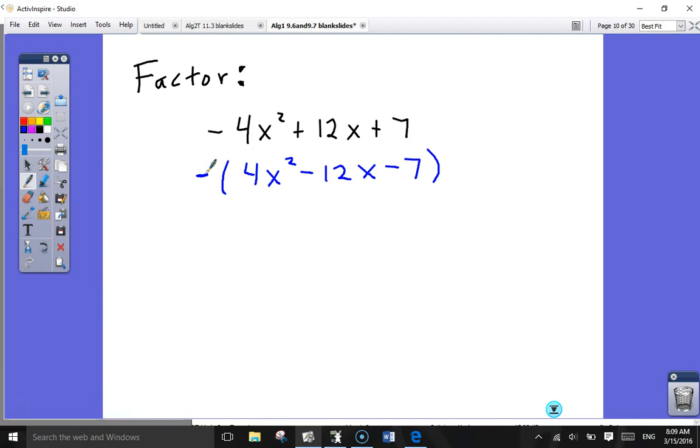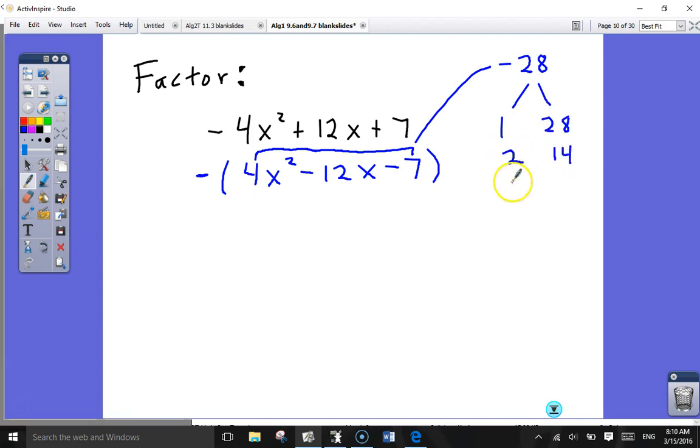So again, the first step is multiply 4 times negative 7. What do you got? Negative 28, okay? Now we're going to say, what are the factors of negative 28 that add up to negative 12? Well, let's think. 28 could be 1 times 28. It could be 2 times 14. Or it could be 4 times 7.